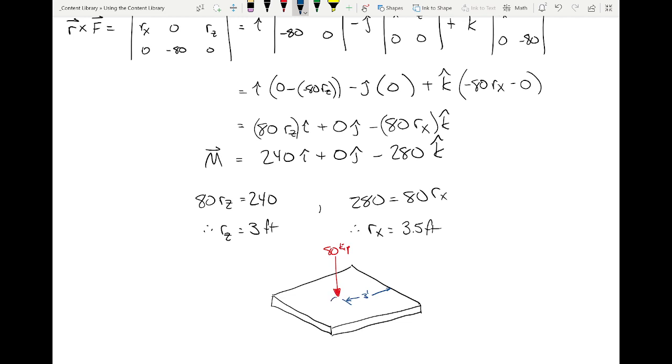And this dimension is 3.5 feet. Huh? Well, Rx is along the x-axis. That's the dimension. Yeah, I get what you're saying.